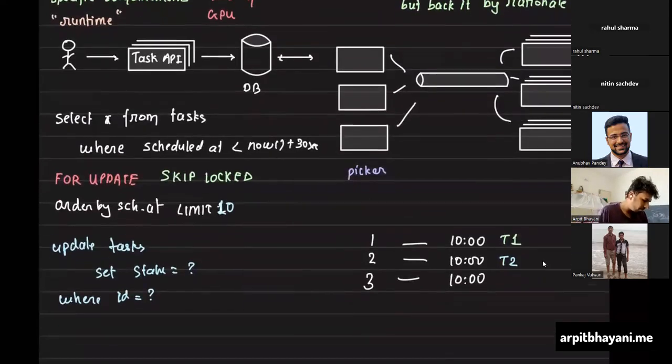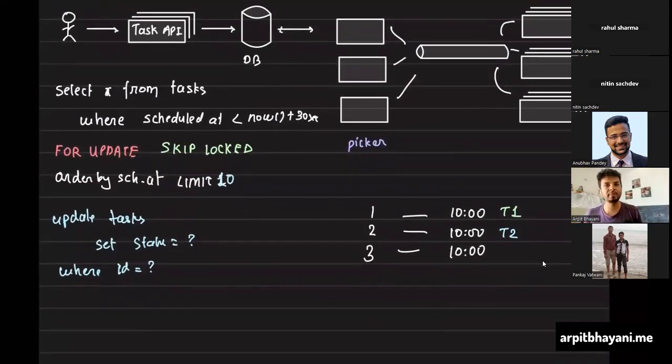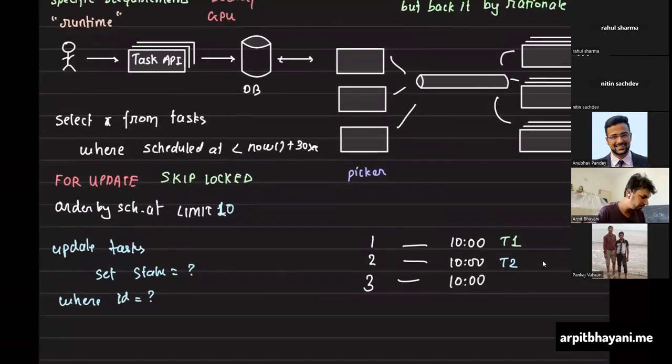Okay, now, but this introduces a few interesting problems. First of all, let's go into the part that, how do we know that we have not breached the SLA?